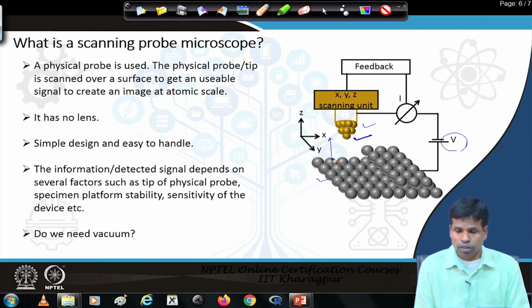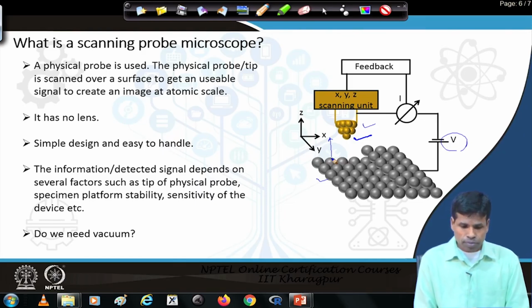So, this is called magnetic force microscopy. There can be different types of force, van der Waals force, magnetic force, chemical force, all these kinds of force can also be measured between the tip and the specimen to get information such as magnetic properties, chemical properties, electrostatic properties. Such kind of information of the surface can be obtained.